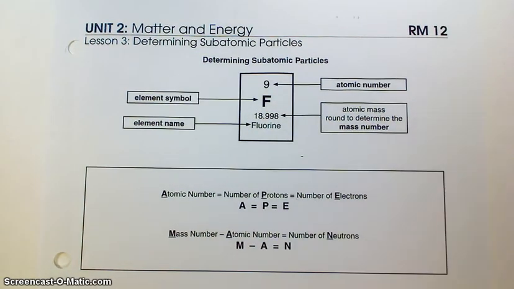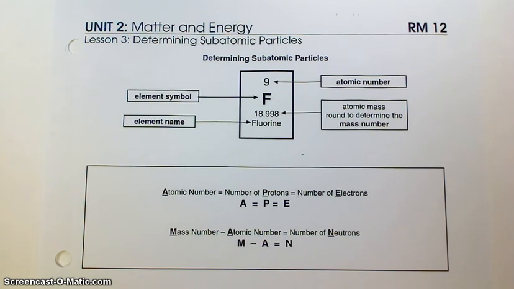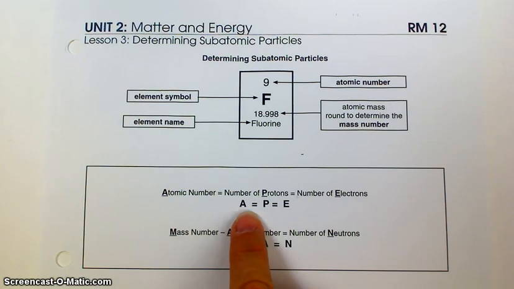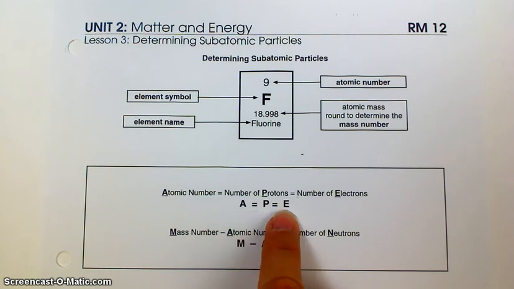If you are needing to figure out the number of protons or neutrons or electrons, there are some things that you can remember. And the mnemonic that we learned is ape man. Atomic number is equal to the number of protons, and that's also equal to the number of electrons, as long as we can assume that the atom is neutral.